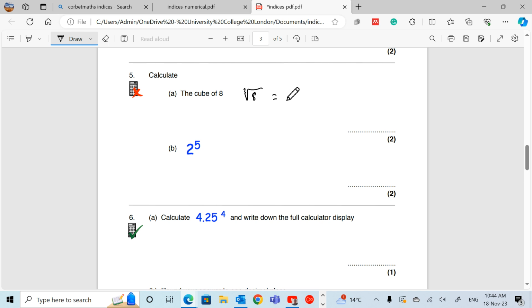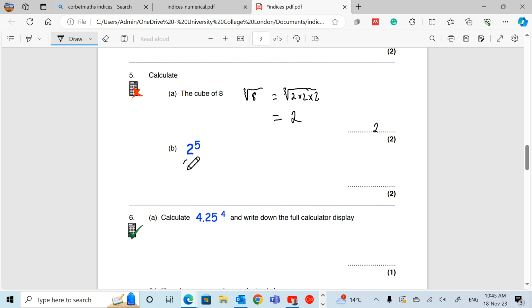Well, that is the cube root of 2 times 2 times 2, which is 8. It must be 2. And that's the answer.